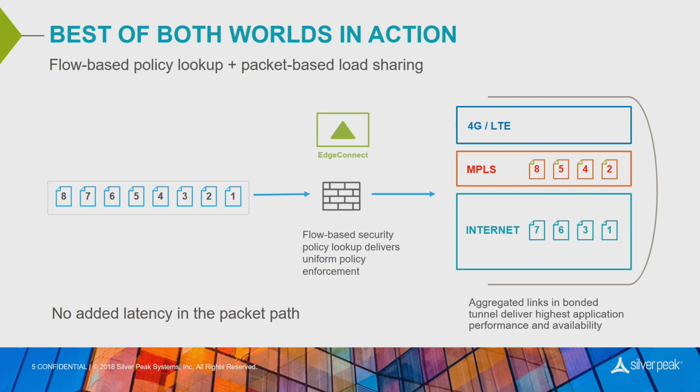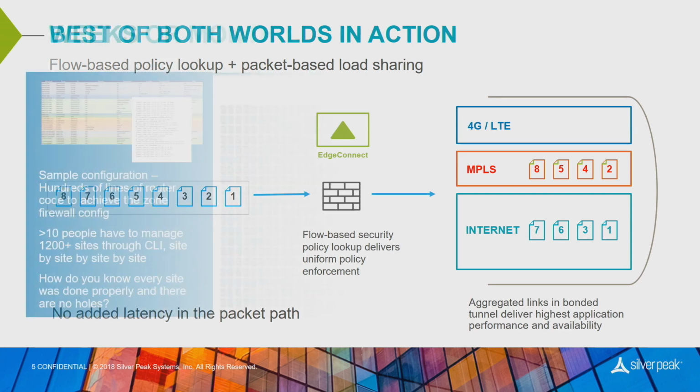It's a homogeneous solution built into the Edge Connect product line, which is the SD-WAN device. Because it's fully integrated, there is no added latency in the packet path. All our datasheet numbers that we publish for the Edge Connect are with all security policies and firewall features turned on, and with full AES 256-bit encryption. So that's why I call it best of both worlds in action, because it's flow-based policy lookup as well as packet-based load sharing.